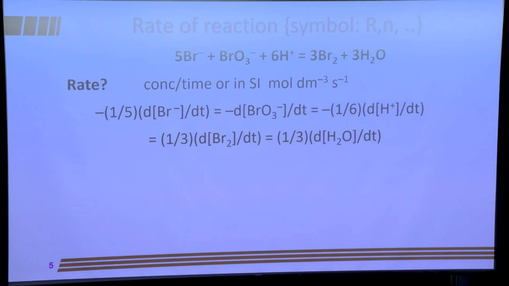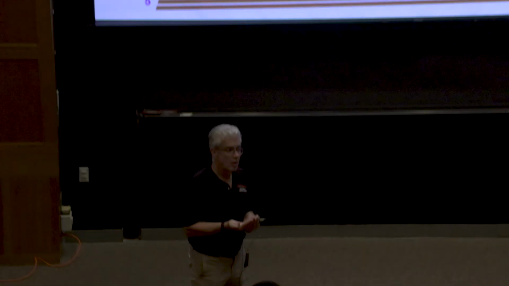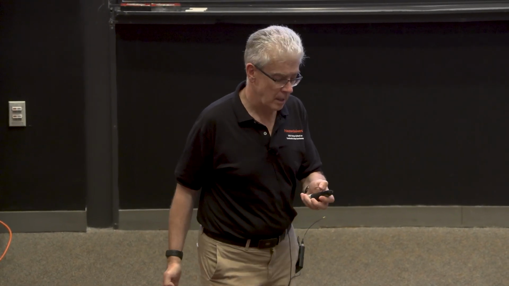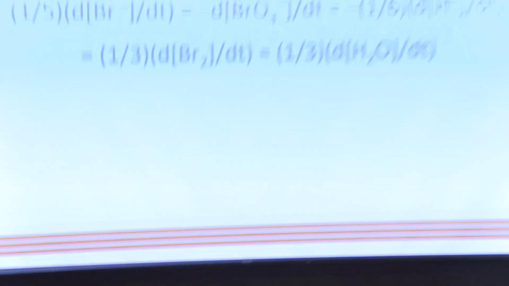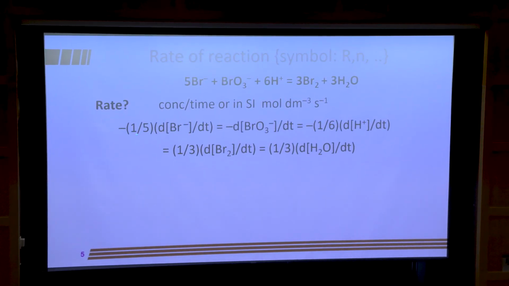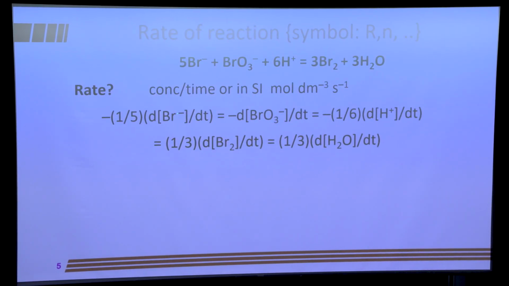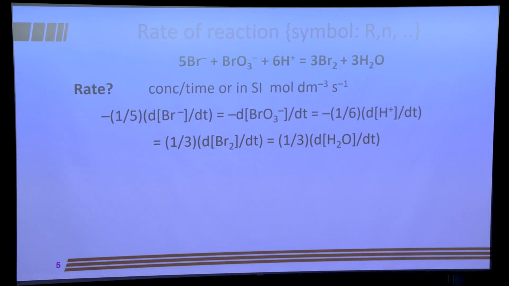So in principle, we can look at any reactant or any product and follow the rate of reaction, right? And so the rate is equal to minus 1/5 the change in the concentration of Br minus ion with respect to time, okay? And why is it 1/5?